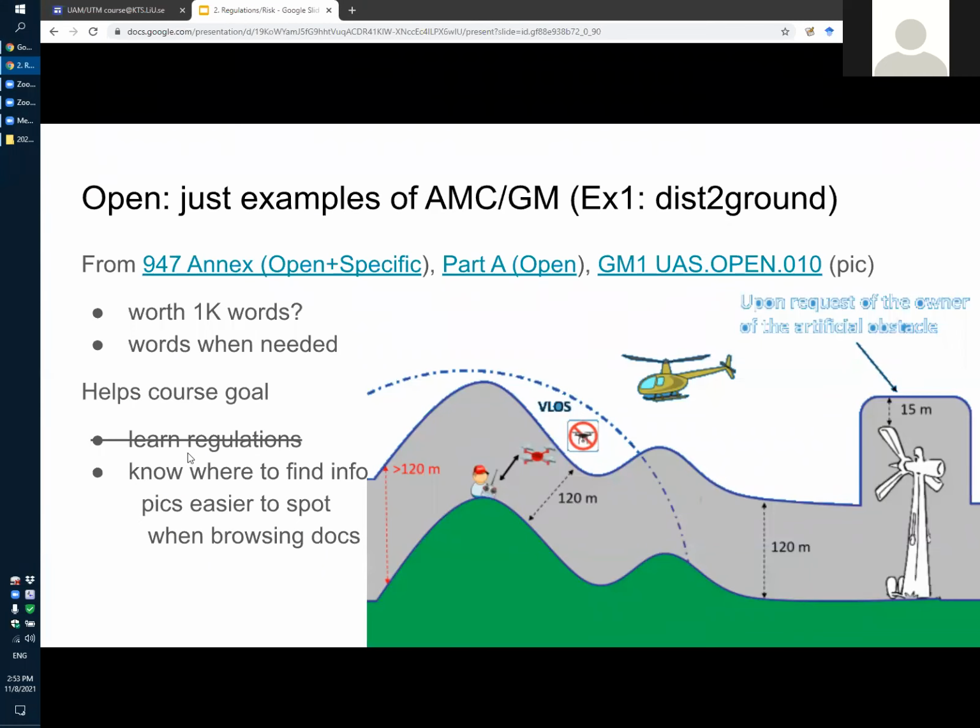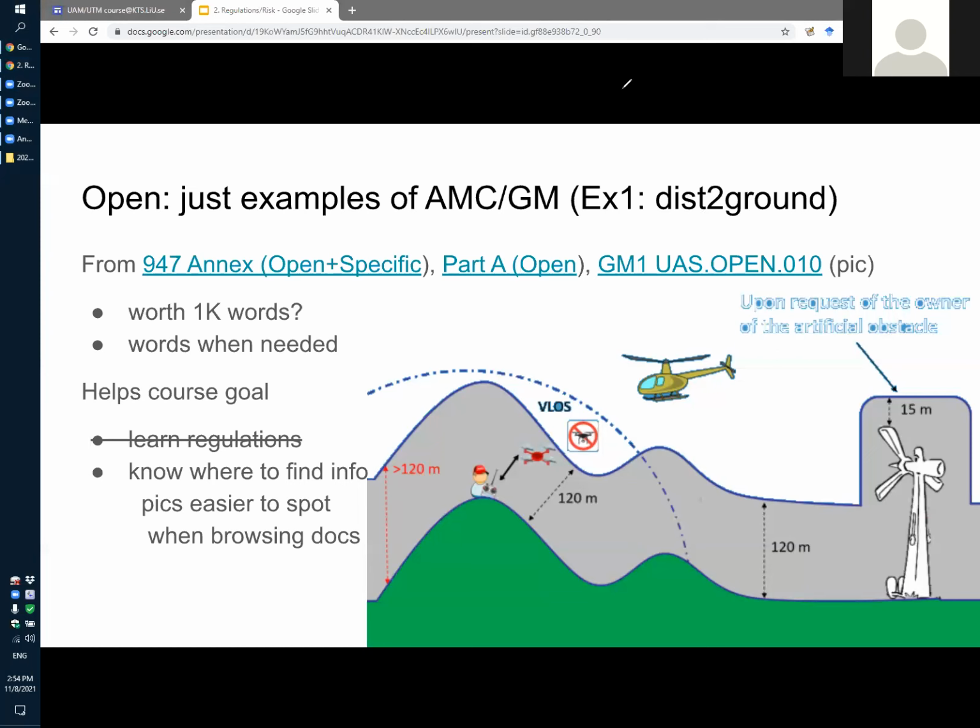That's the point. It again helps the goal of the course, know where to find information rather than really know all these numbers. I mean, there is also, okay, so this picture doesn't show what is this envelope, what is the distance from the artificial obstacle within which you can fly 15 meters above it.